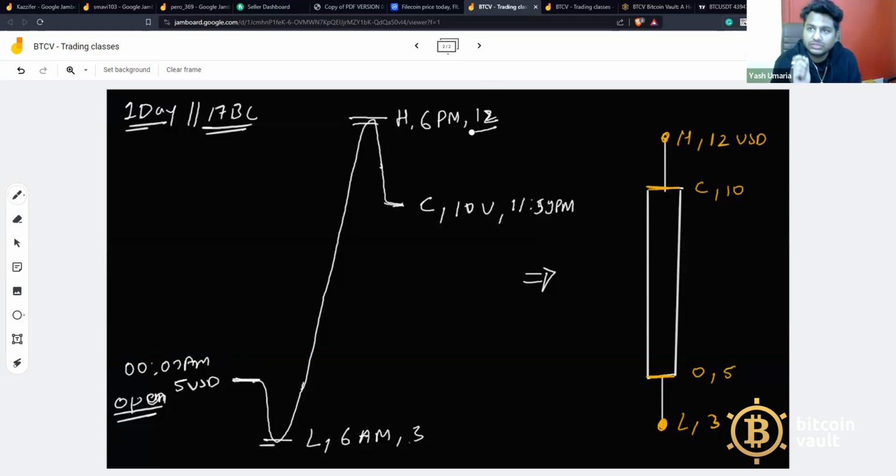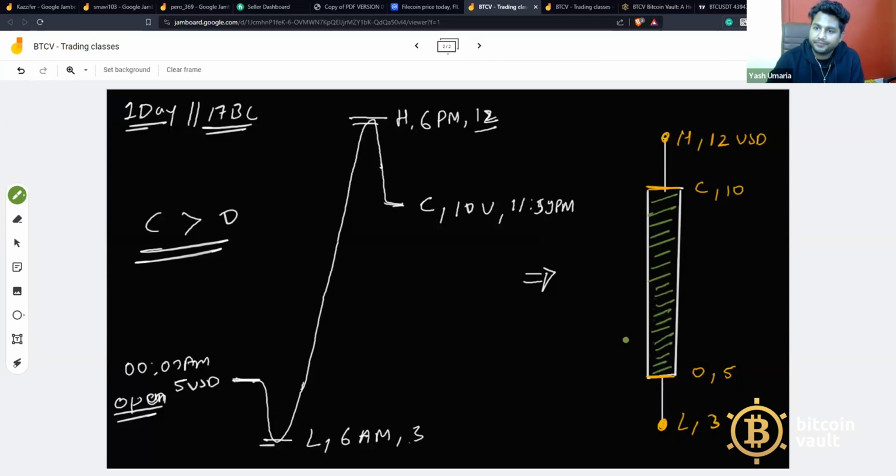Now, here we have to just focus on the open and close. If close is higher than open, what does it mean? It means the market has moved up. That's why the close is higher than the open. And in that case, we are going to see a green candlestick.